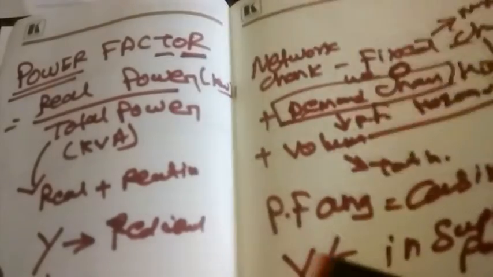We take an example to remind the power factor and total power. Just take one glass. In that glass we fill some cool drinks, that means soft drinks. This is filled to this level. In this space we get bubbles.